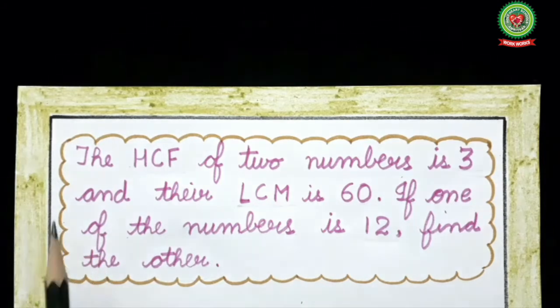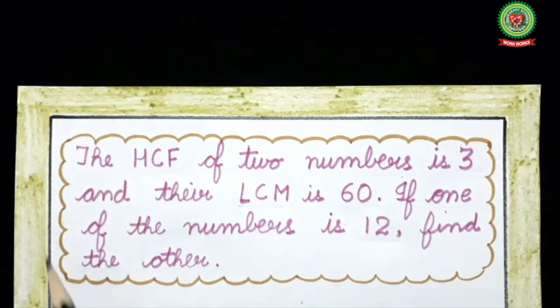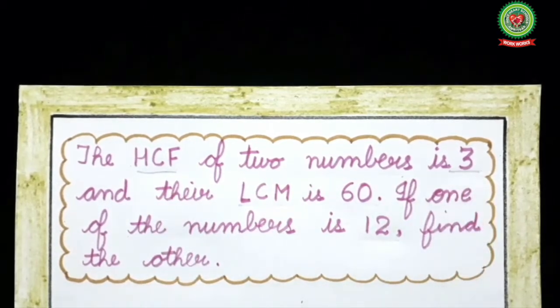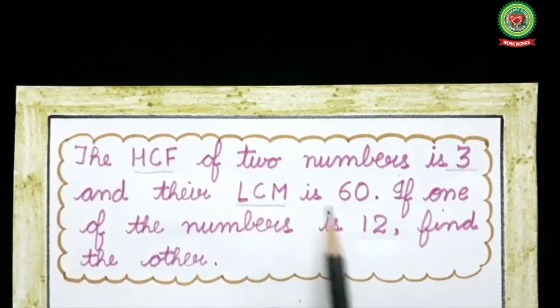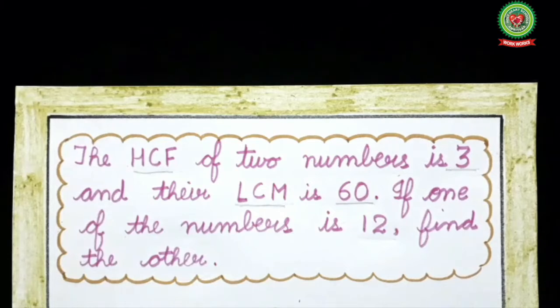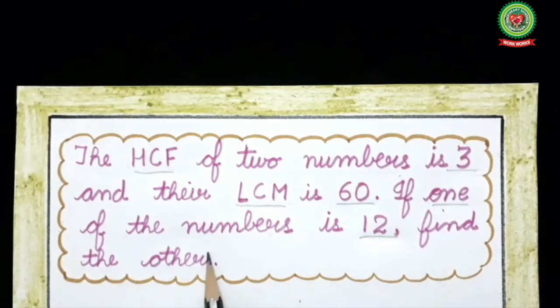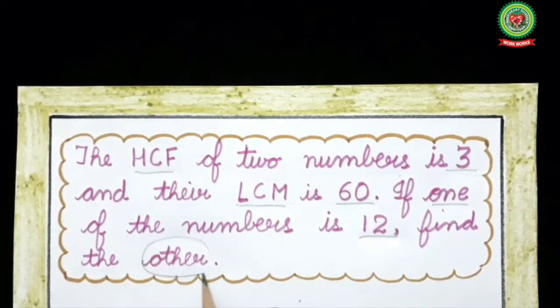Here in this question, the HCF of two numbers is 3, LCM is 60, and we have been given one number, 12. We need to find the other number, so we will circle the other.